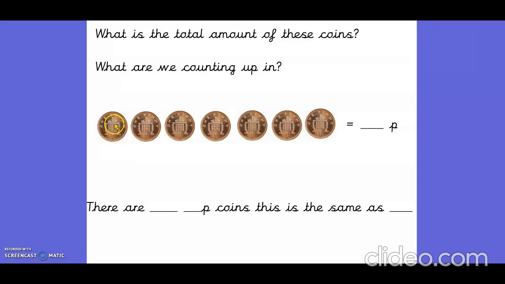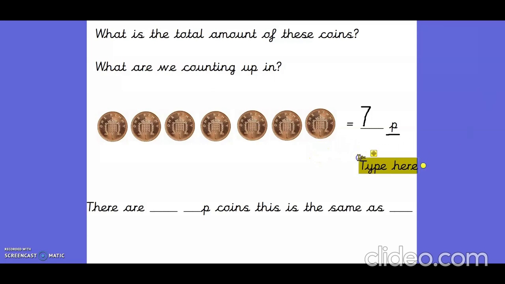Let's count together. 1, 2, 3, 4, 5, 6, 7. 7 what though? 7 elephants? 7 muffins? 7 cats? No, we need to remember our 7p to represent 7 pence.